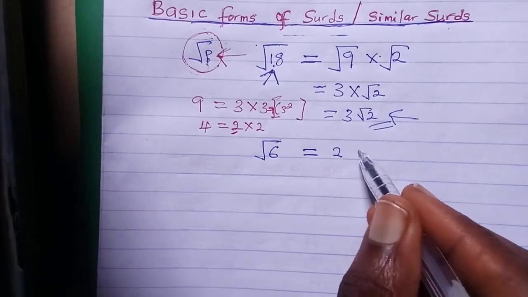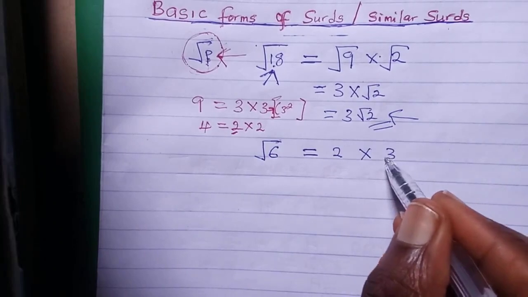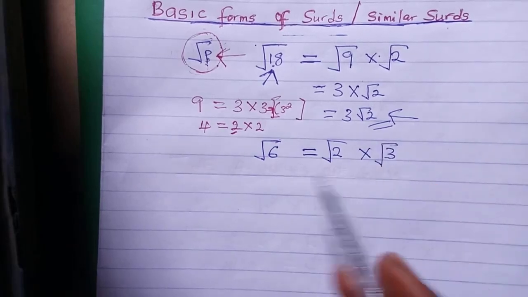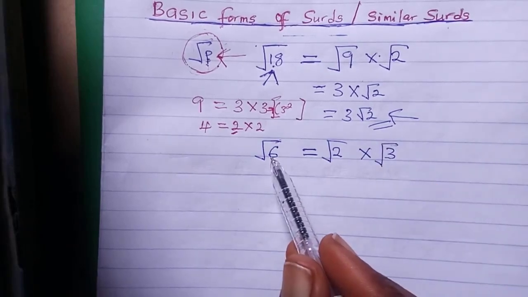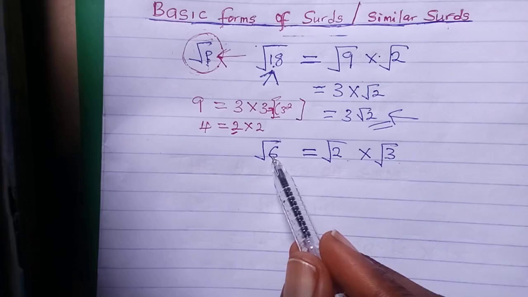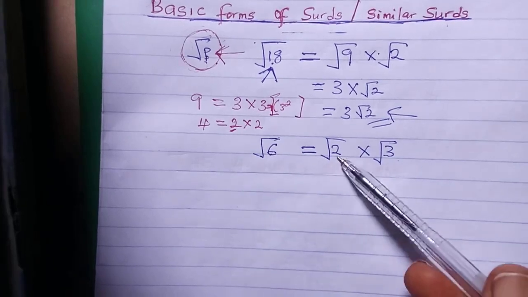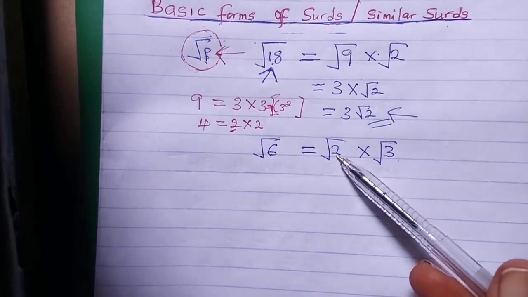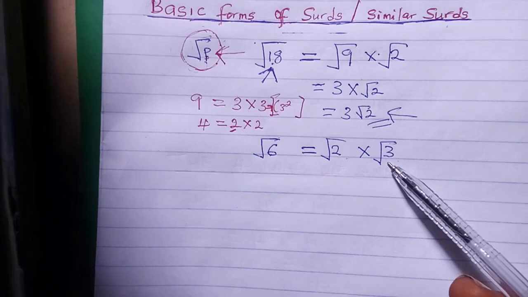2 times 3 is giving us 6. So root 2 times root 3 will give us root 6. Now, if we check, none of these is a perfect square. 2 is not a perfect square. 3 is not a perfect square.